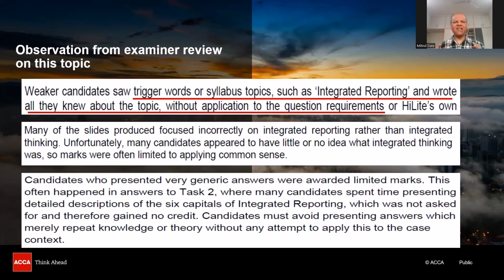Whenever you write like this, you're not going to get a pass for that question. It often happens, that's what the examiner says. You present a detailed description of capitals theoretically, that was not asked, and therefore it gives you no credit, no marks. So be careful in all these aspects.